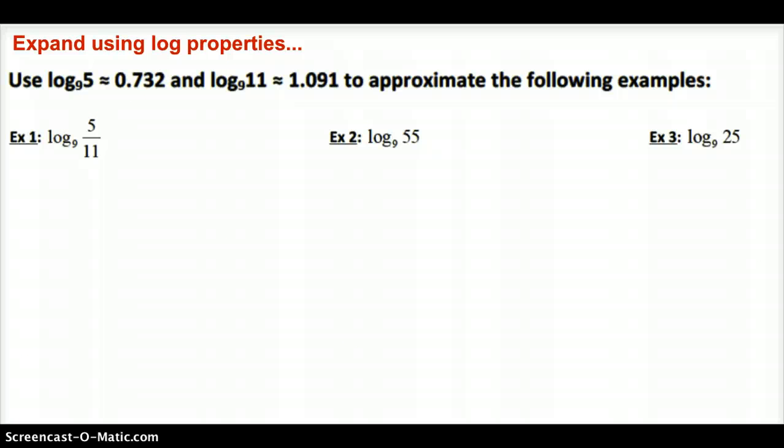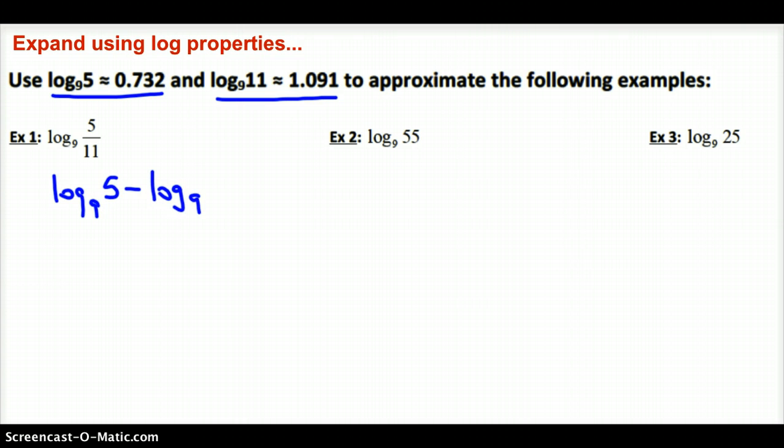Now, one of the typical type problems we'll have is, given some log base information, these are approximations, we'll be asked to expand a log expression. So in the case of example 1, I can write this as log base 9 of 5 minus the log base 9 of 11, just using this quotient property and making it my subtraction.